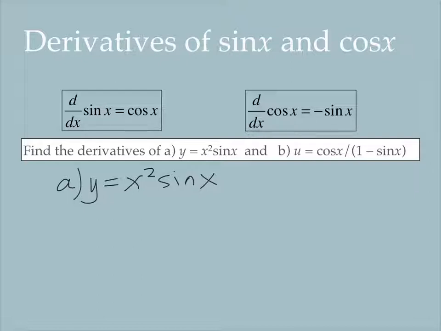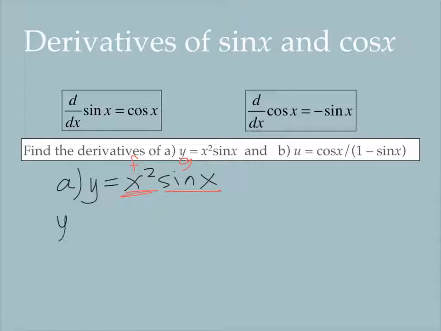But that's not how it works, because when you have a multiplication and you're doing a derivative, you have to do the product rule. Here, x squared is f, and sine x is g. So we have to do f prime g plus g prime f. People get it wrong a lot because they just take the derivative of both. You're not allowed to do that.